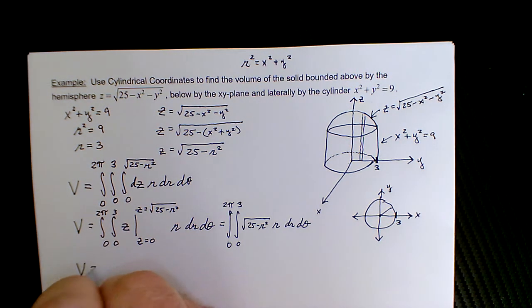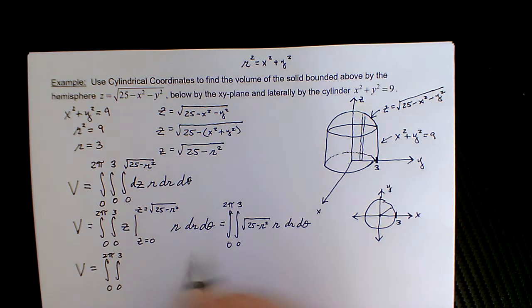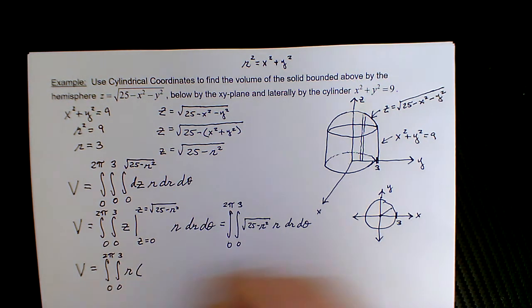Okay, now to set this up for integration, 0 to 2 pi, integral 0 to 3. Let's bring this r out in front and change the radical to 25 minus r squared to the 1/2. And that's with respect to r, with respect to theta.